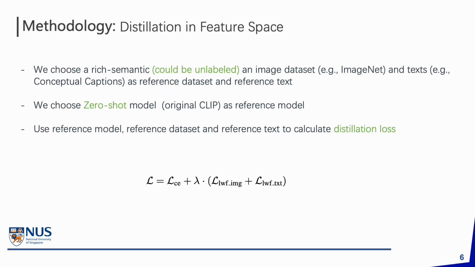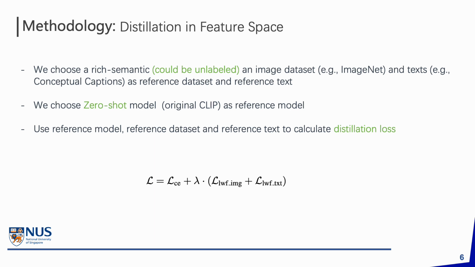Our method consists of two parts: distillation in feature space and weight ensemble in parameter space. First, for distillation in feature space, we choose a rich semantic reference dataset and reference text. This could be an unlabeled image dataset, for example ImageNet, and texts, for example contextual captions.